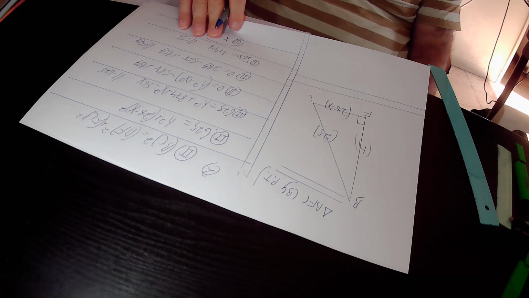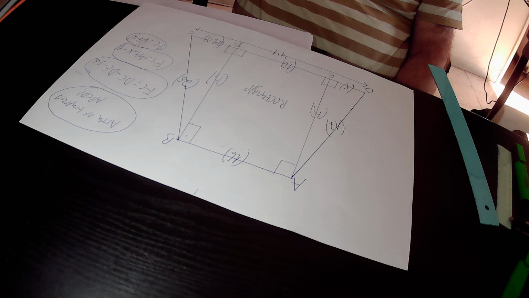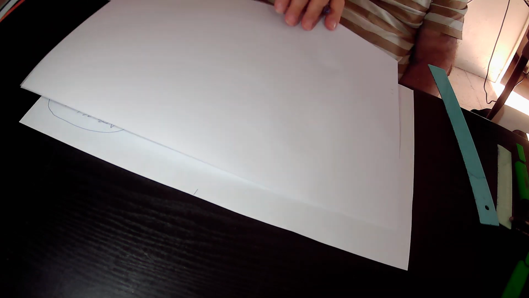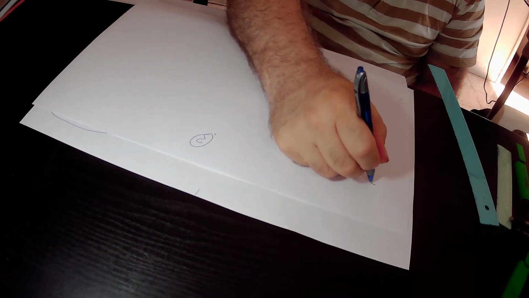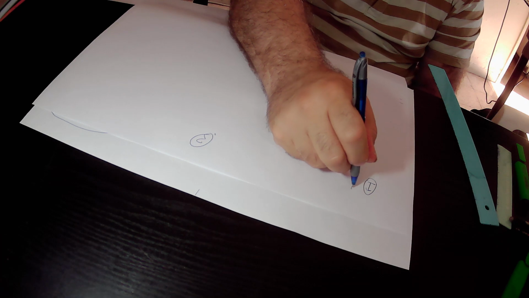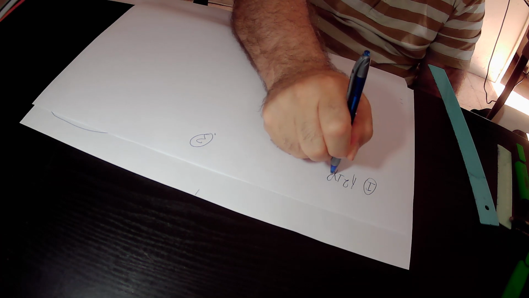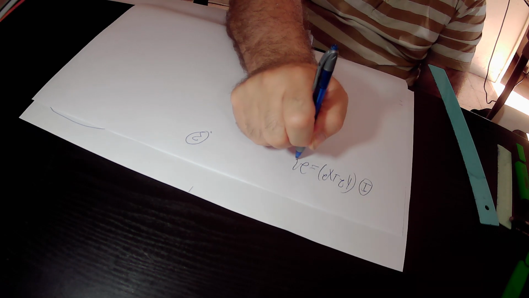Return back to equation 1. According to equation 1, we found out that x squared plus x squared is equal to 289.